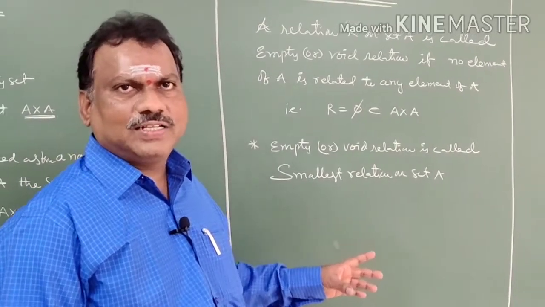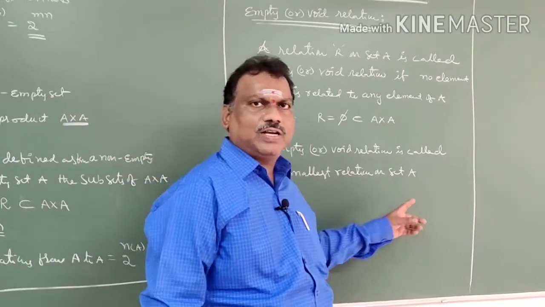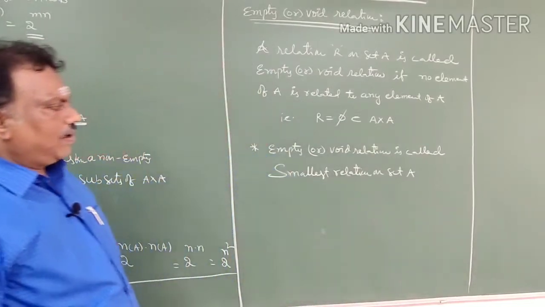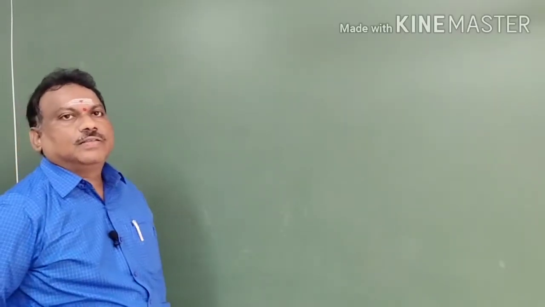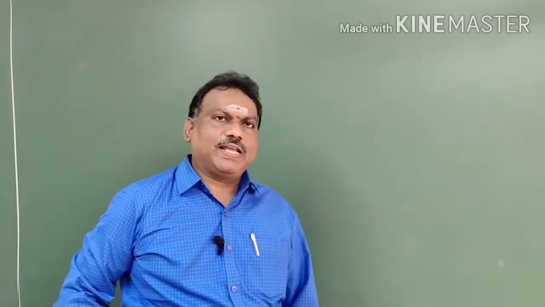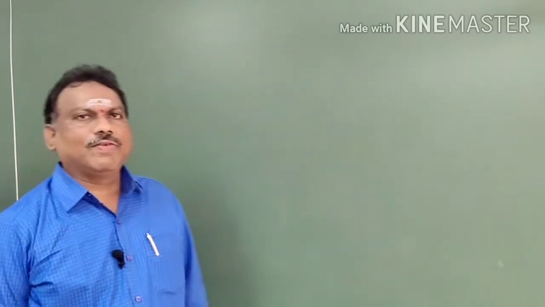So the empty relation is the smallest relation on a particular set. Right, students? The first one, empty relation or void relation, we completed. Now we will go through the second particular relation, the universal relation.